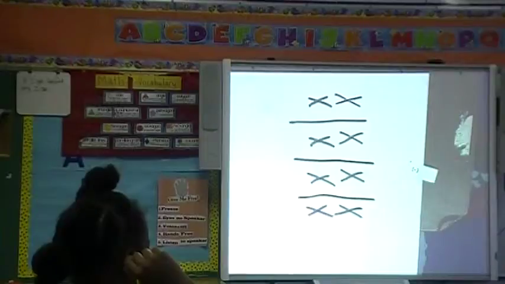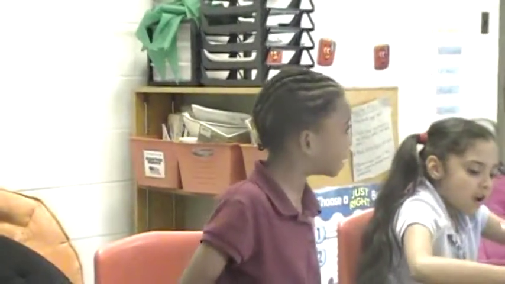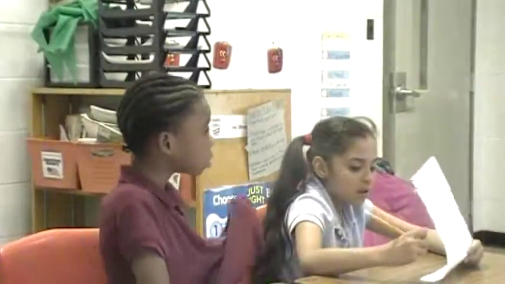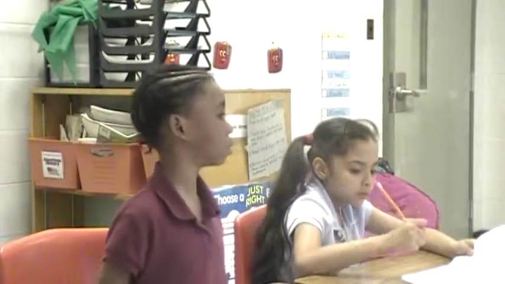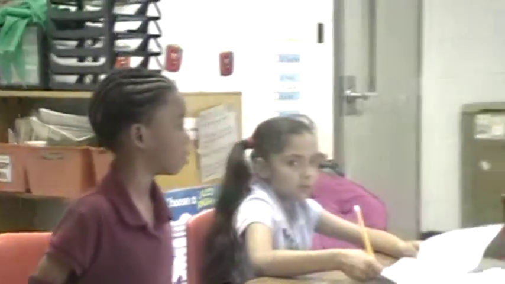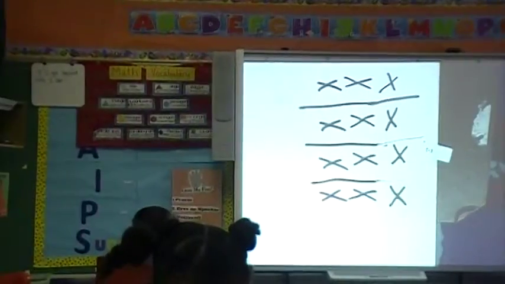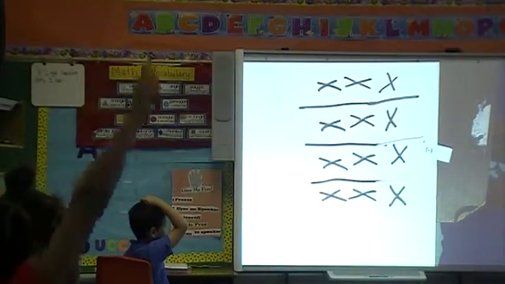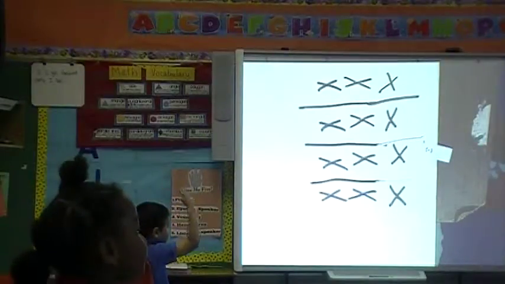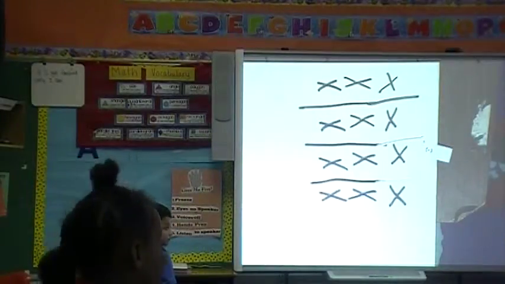How many would I be adding, Destin? 2. I'm going to go ahead and add a column. I know it looks weird because I changed it, but how many did I add, Yasmina? 1 more. One more X.